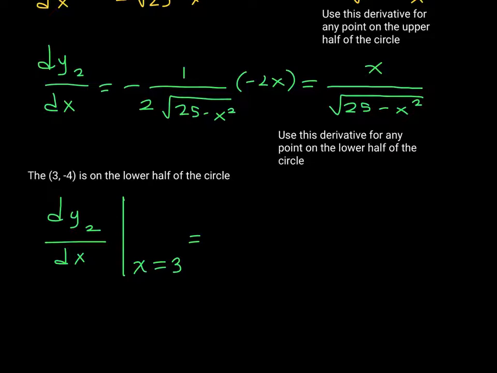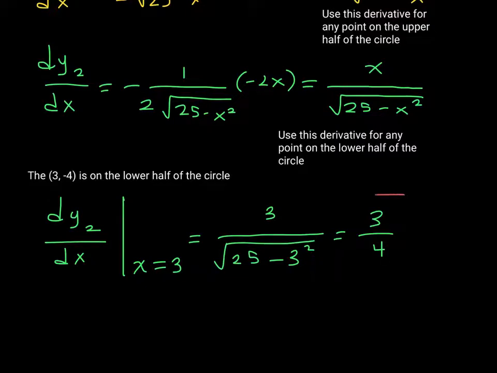So then we get 3 over the square root of 25 minus 3 squared. So then this is 3 over, 3 squared is 9, 25 minus 9 is 16, the square root of 16 is 4. So there we have it, folks. That is the answer. Okay, this is the answer. This is the slope of the curve at the point 3, -4.